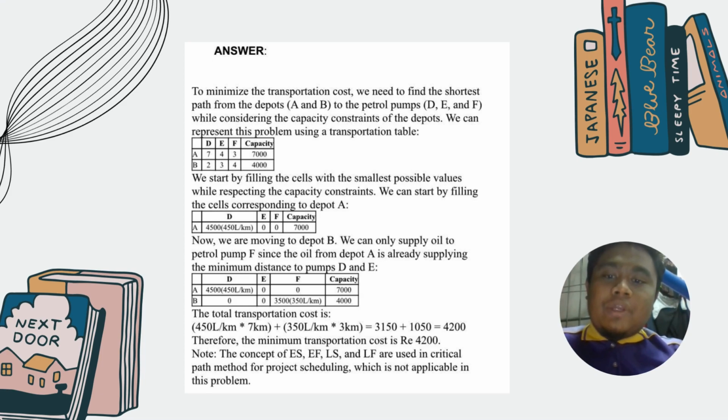Next, we start by filling the cell with the smallest possible value while respecting the capacity constraint. We start by filling in the cells corresponding to depot A, like this table.